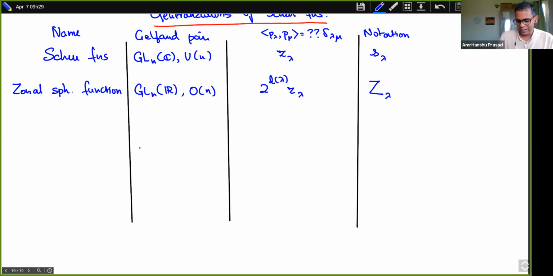There's no nice explicit formula for these zonal spherical functions, but we'll see that they can be obtained by specializations of other things. Then there are Jack symmetric functions.